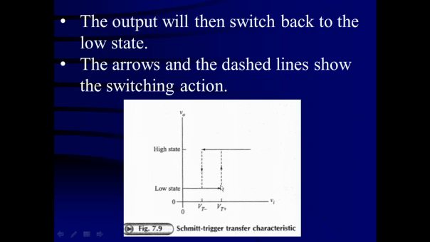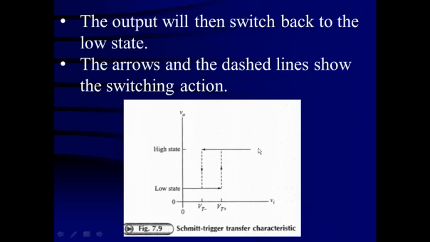This is shown by this upper arrow. So, the output swings here from low to high, and that input voltage is called VTH plus, the positive threshold voltage. It remains in the high state as long as the input exceeds VTH plus.